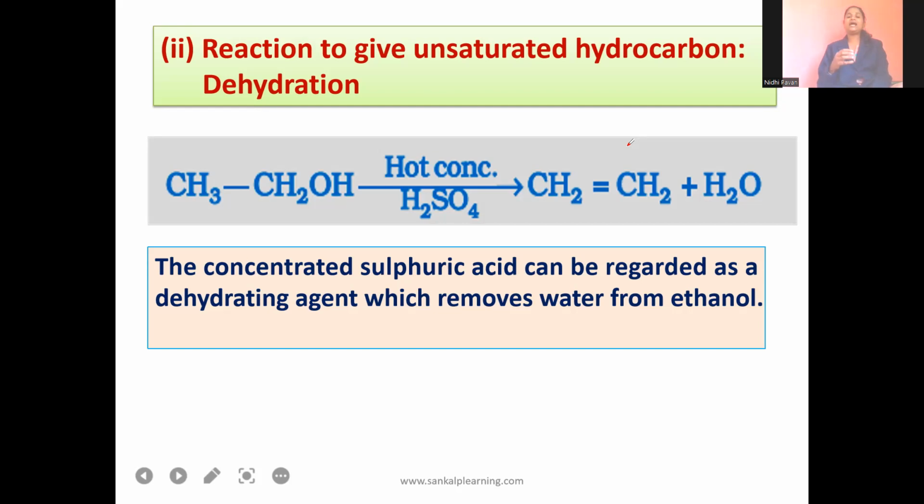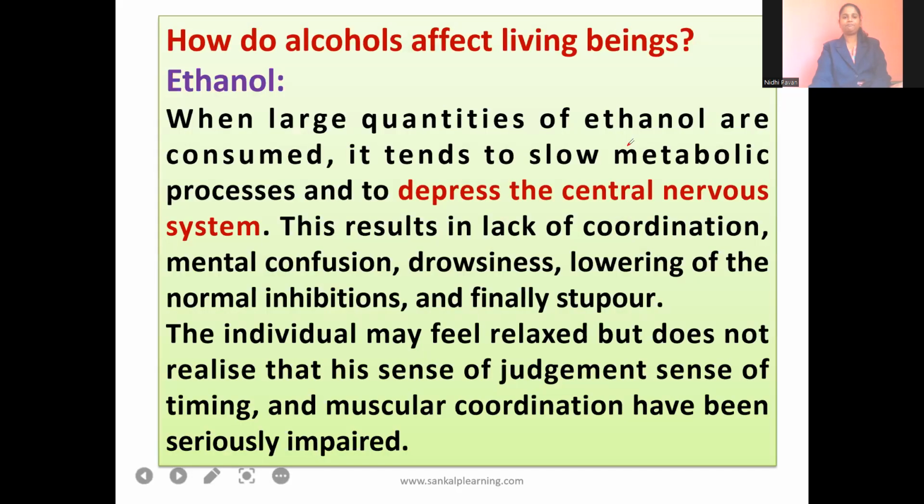That is called dehydration, that is, removal of water takes place in presence of the catalyst. So the normal alcohol is converted into unsaturated hydrocarbon. Here the concentrated sulfuric acid is called a dehydrating agent, as it is the main cause to remove the water from the ethanol. Okay. So here the dehydrating agent is concentrated sulfuric acid.